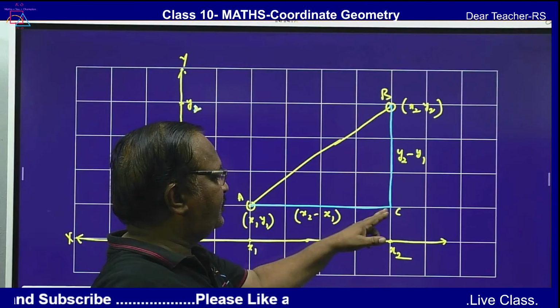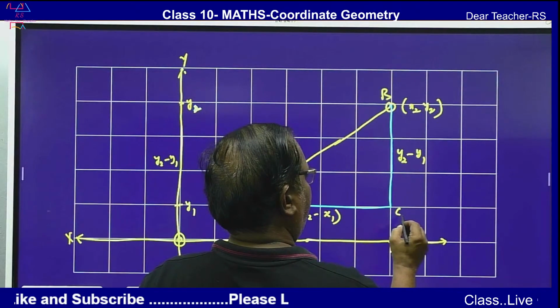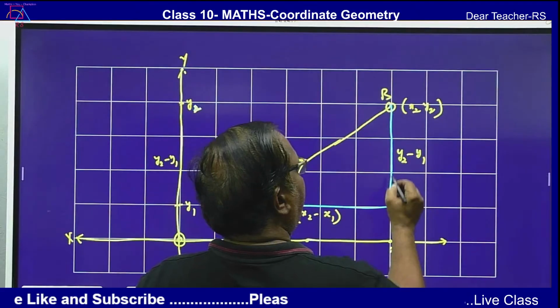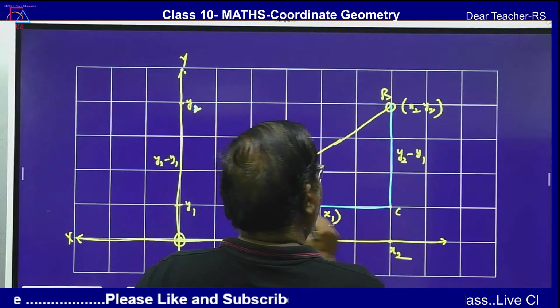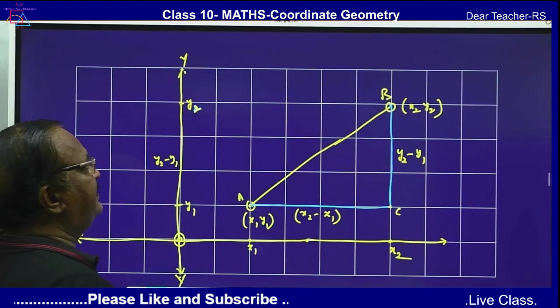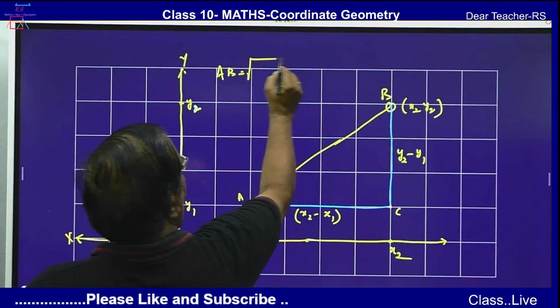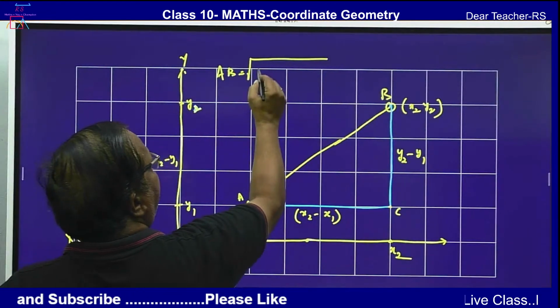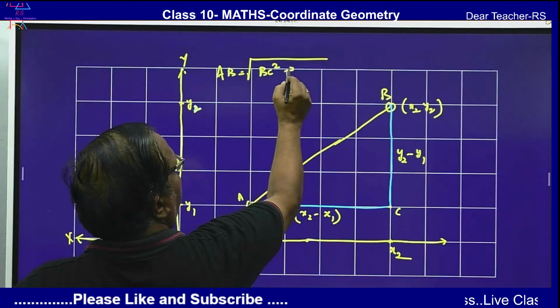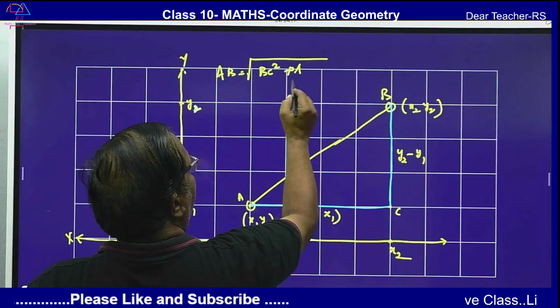Now we got height and we got base. So then how are you going to find the distance? Therefore, AB is equal to square root of BC square plus AC square.